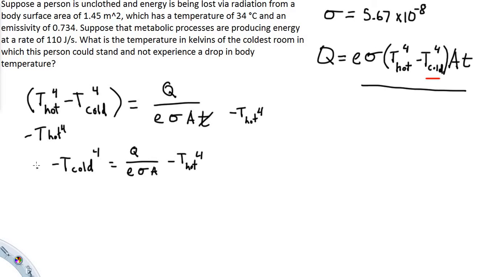So what we're going to do is we're going to multiply both sides. Because this is negative, we're going to multiply both sides by -1.